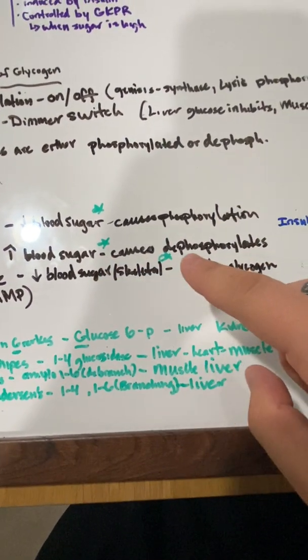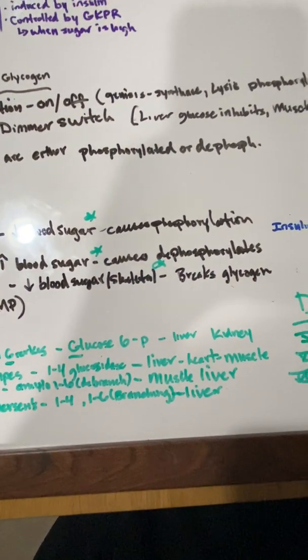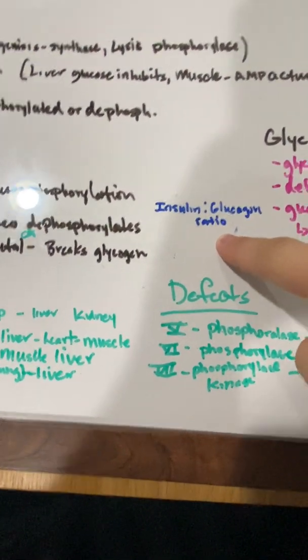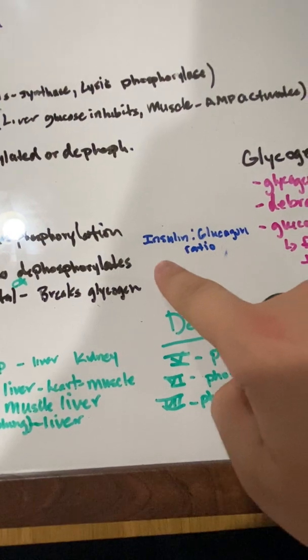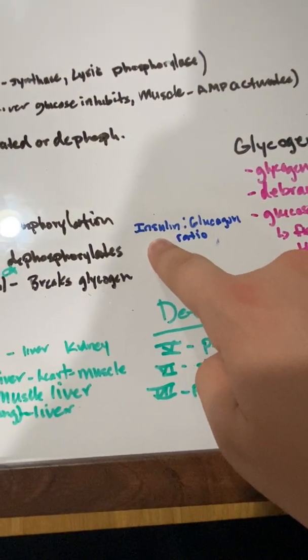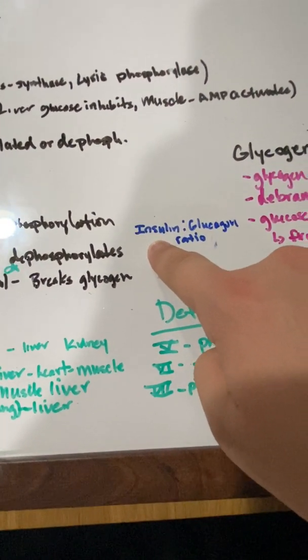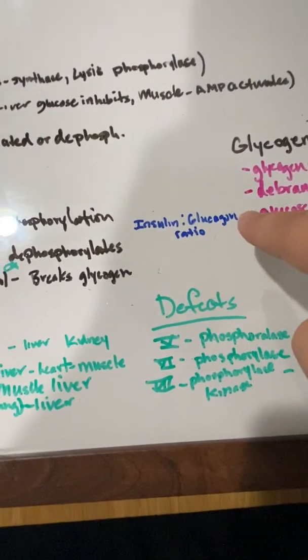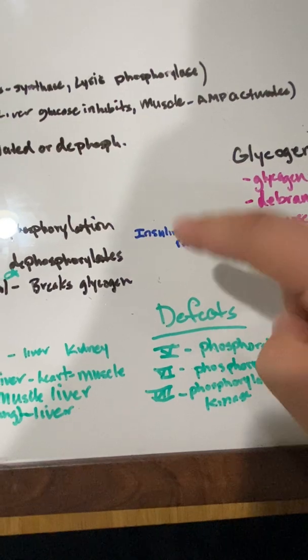High blood sugar, we're going to be dephosphorylating. There's another thing called the insulin glucagon ratio. If it's high, that means that insulin is high, which means that we have sugar in our body, so we don't need to use glucagon. But if it's low, that means the opposite, right?